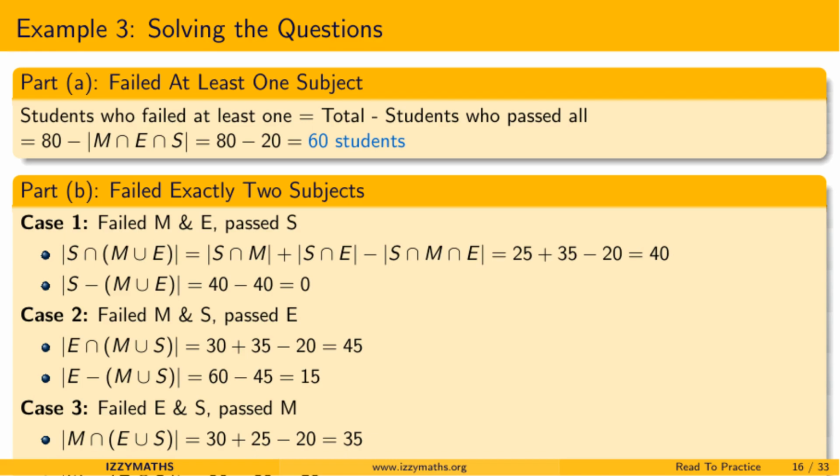Case 3, failed English and science but passed math. The absolute value of M intersection open parenthesis E union S close parenthesis equals 30 plus 25 minus 20 equals 35.